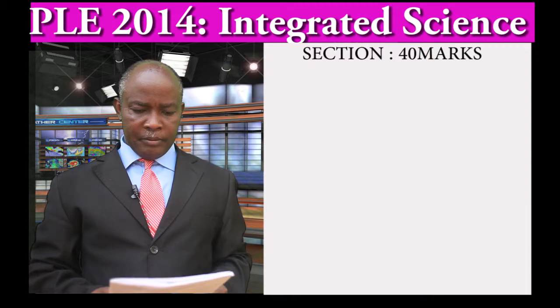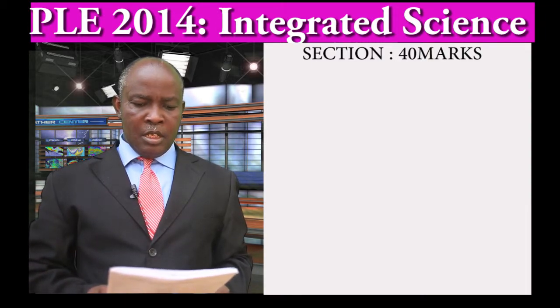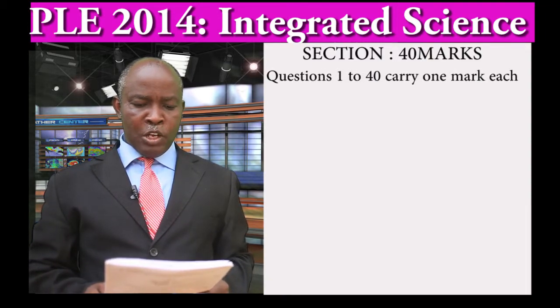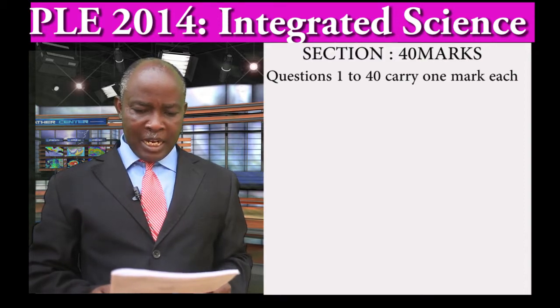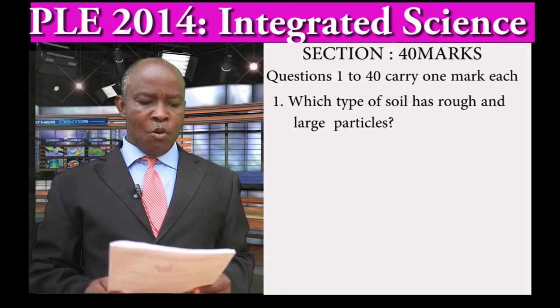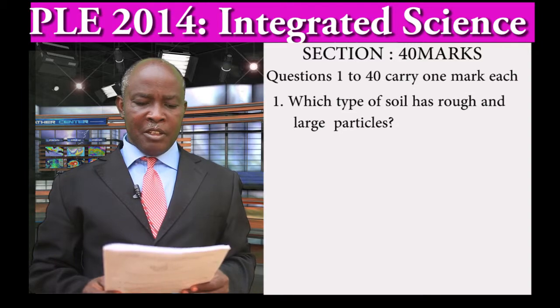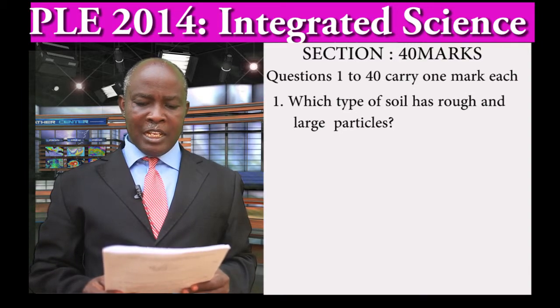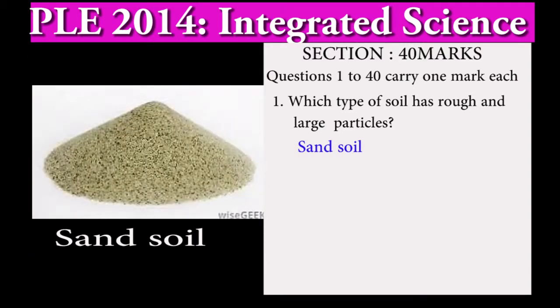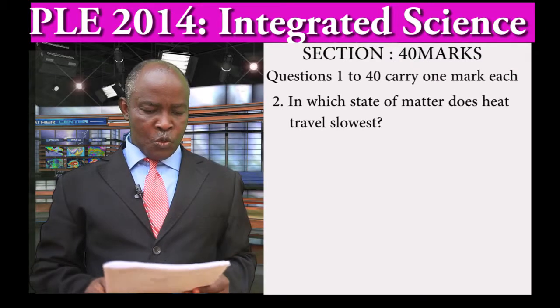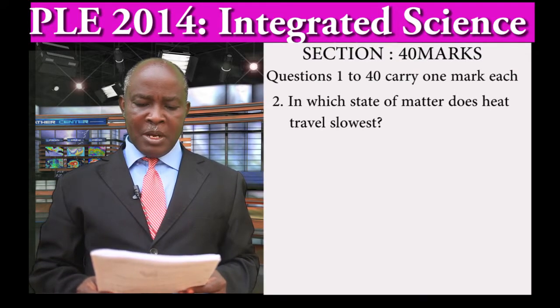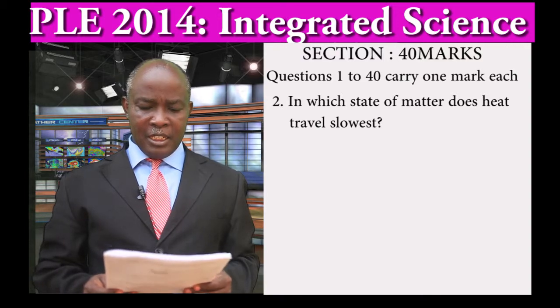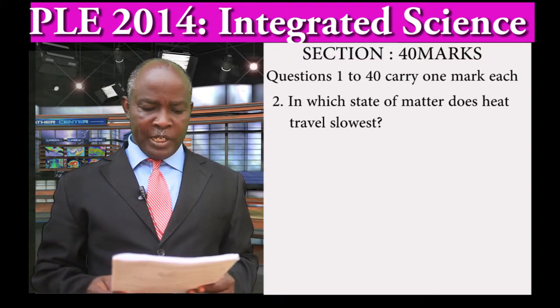Section A, 40 marks. Question 1 to 40 carry 1 mark each. 1. Which type of soil has rough and large particles? That is sandy soil. 2. In which state of matter does heat travel slowest?